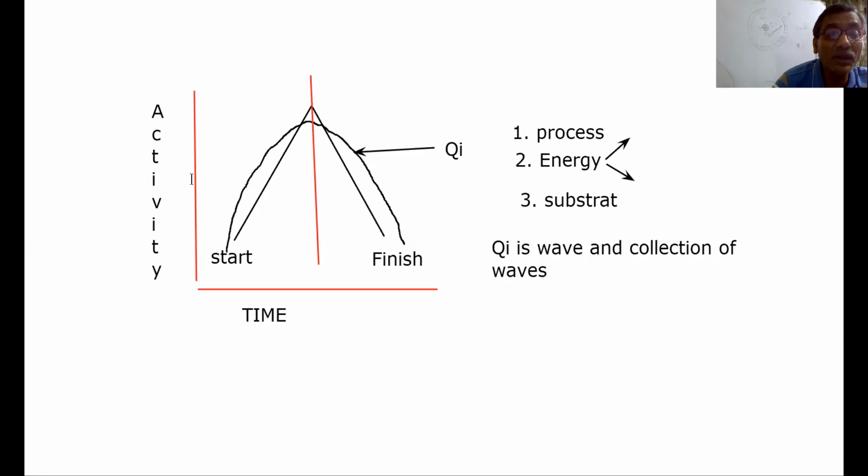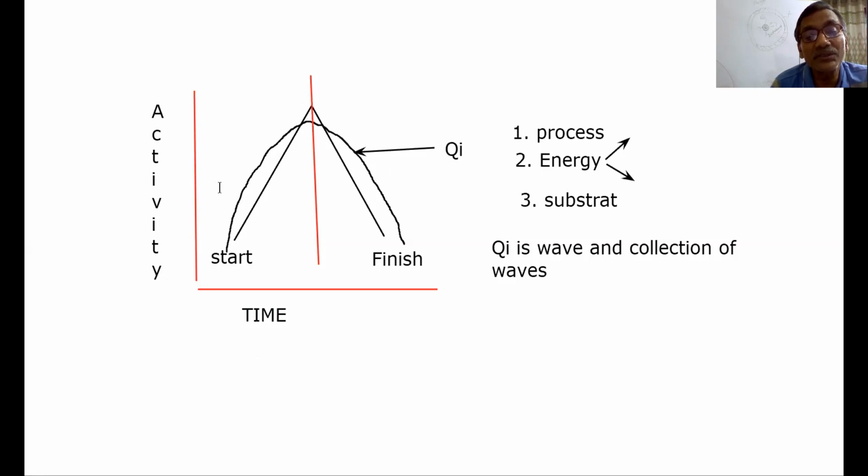So if you plot like this, with time the activity first increases from the start, then it reaches the highest point, the peak, and there is a plateau kind of thing, and then it starts decreasing. In the first half, when the activity is increasing, obviously which force is more active, yang or yin?